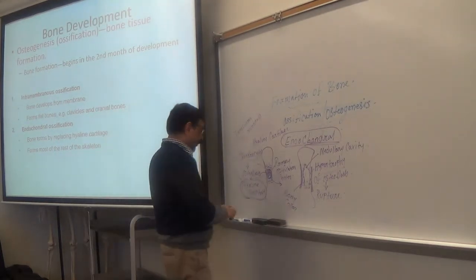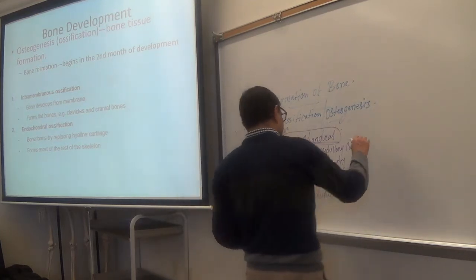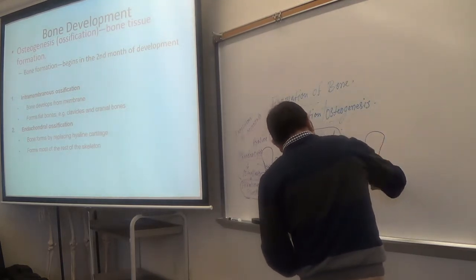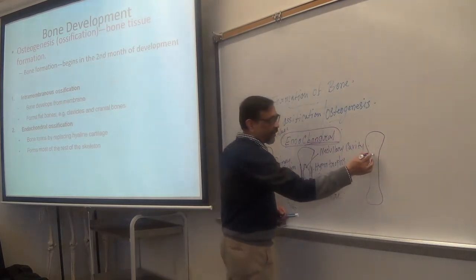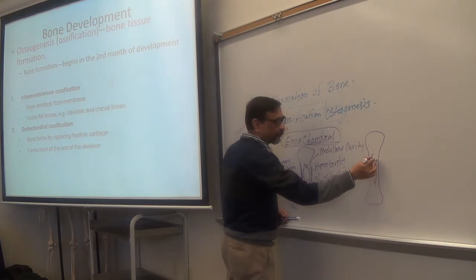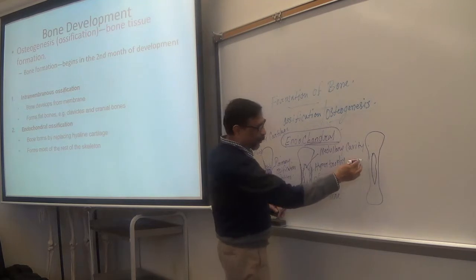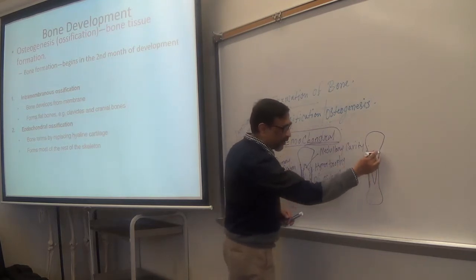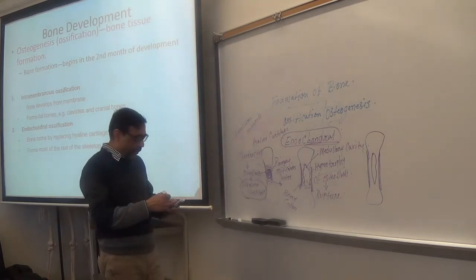So the last thing, let's see what happens in the next step. This is the same cartilage, okay, here. So we already got the medullary cavity here, and we got the bony collar here. In the next step, what will happen?